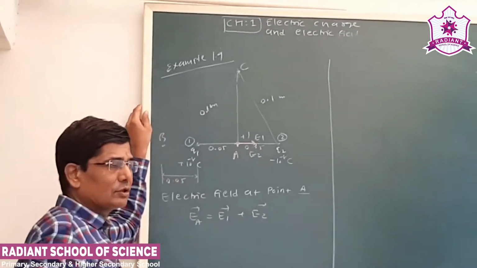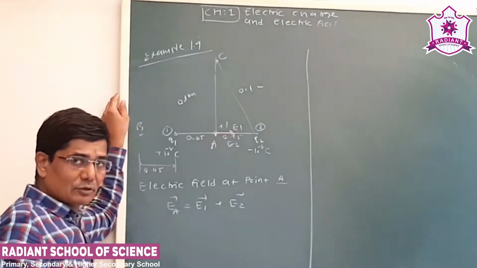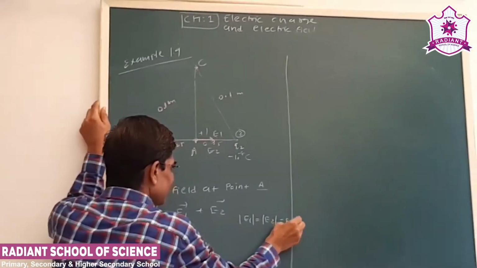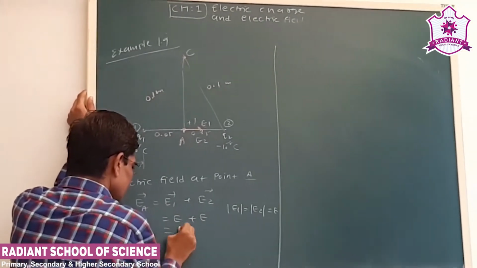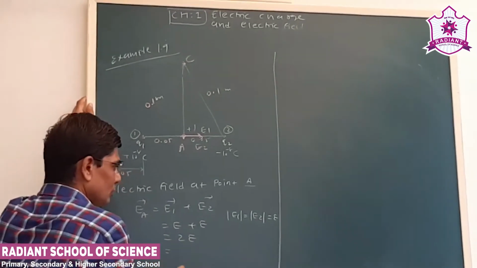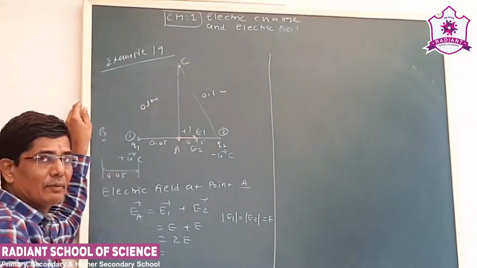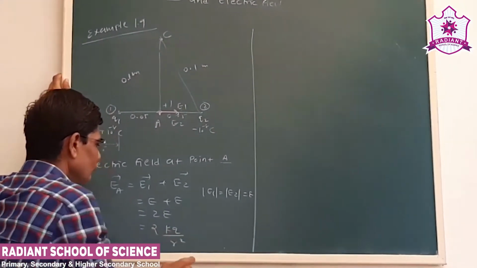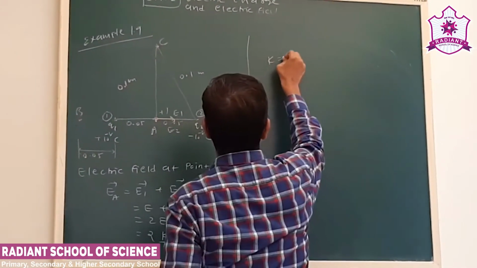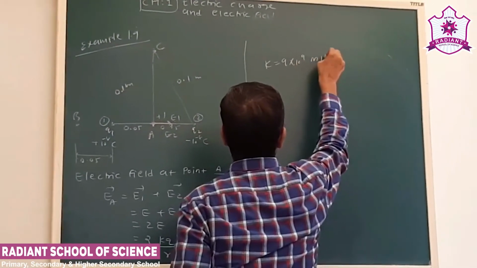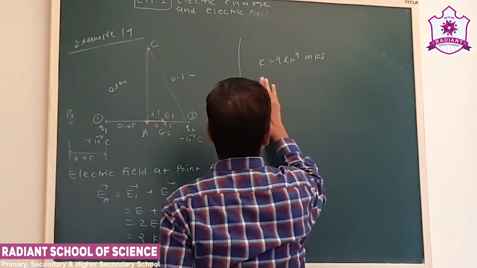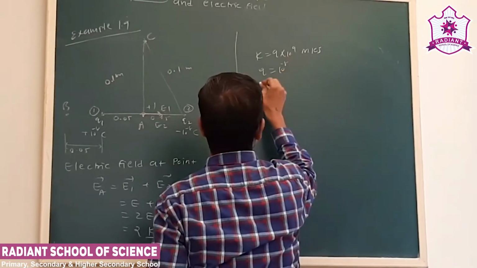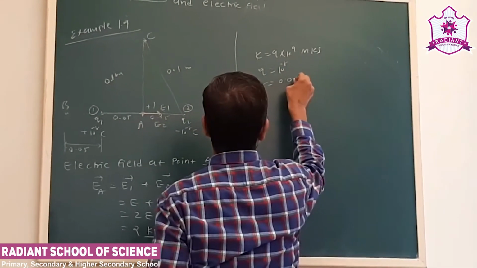Again, both charge magnitudes are the same and the distance is also the same, so we say E1 and E2 are the same, E. Now what is the formula for the electric field of a point charge? That is KQ by R square. So 2 into KQ by R square. K is 9 into 10 to the 9 in MKS, Q is 10 to the minus 8 coulomb, and distance R is 0.05.